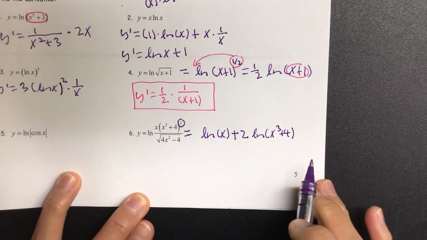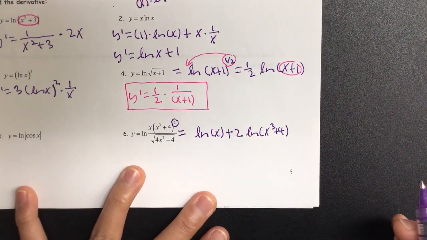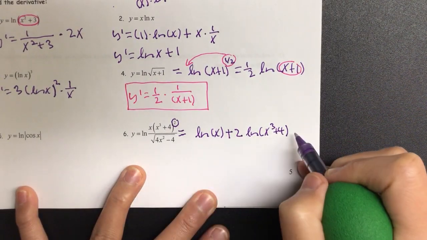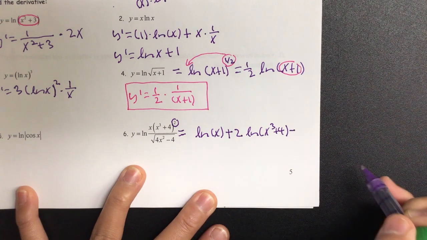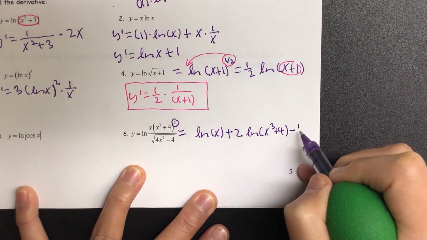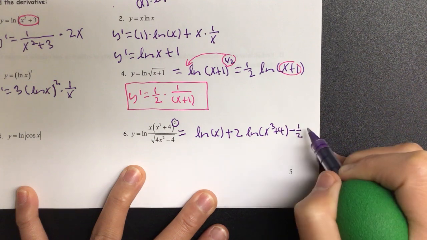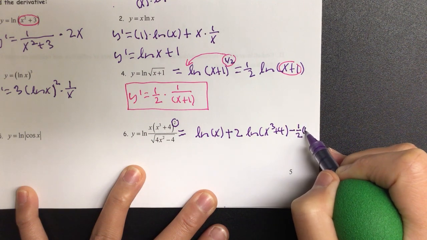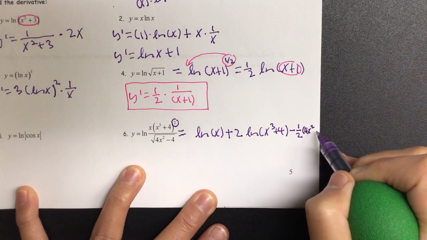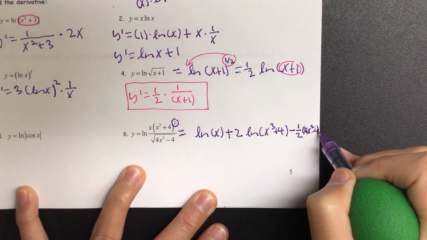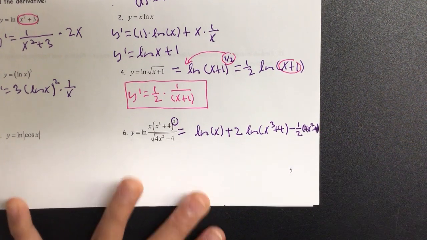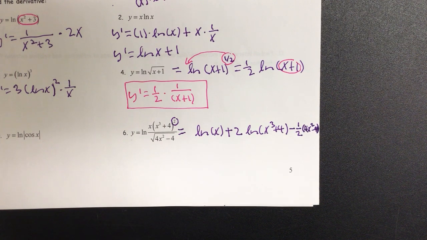Uh-oh. Y'all have enough room? I'm stuck. And then on this one, it's on the bottom, so I need minus. The 1/2 is what's going to represent our radical, so I'm going to bring that to the front. And can I fit this? I don't know. Whoa, that's a 4. 4x squared minus 4.